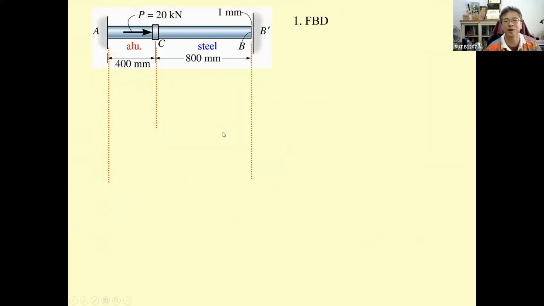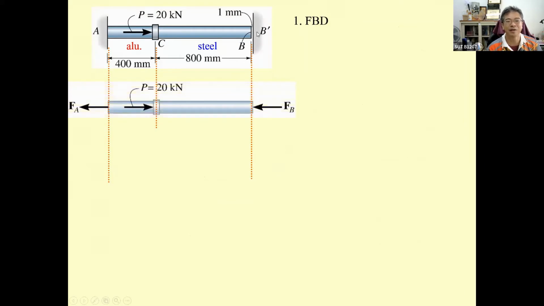Use the knowledge from the previous one. The force is going to occur at B prime since the deformation is larger than 1 millimeter. And again, the 20 kilonewton force points to the right, so the reaction will resist, pointing to the left.